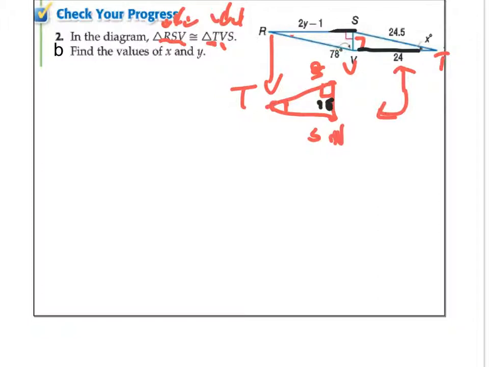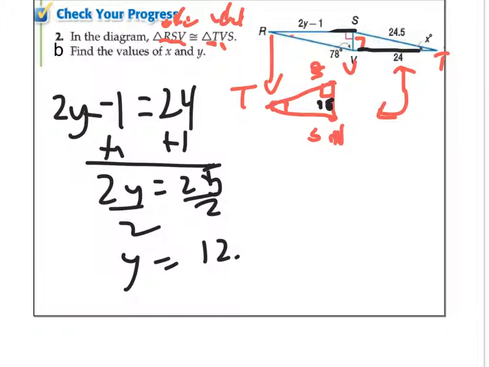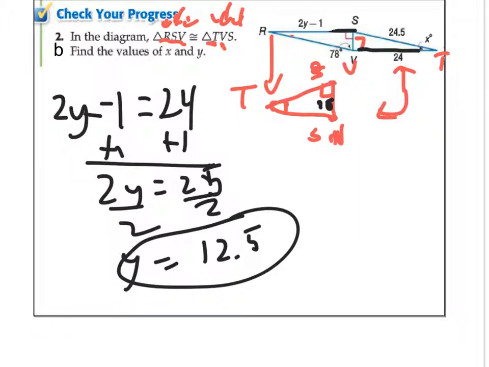So, erasing this so you can see it, I would know that 2y minus 1 is equal to 24. Okay, so then I add 1 to both sides. I get 2y equals 25. Divide by 2, you get y equals 12.5.